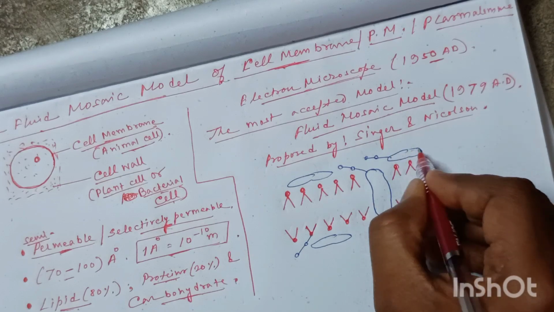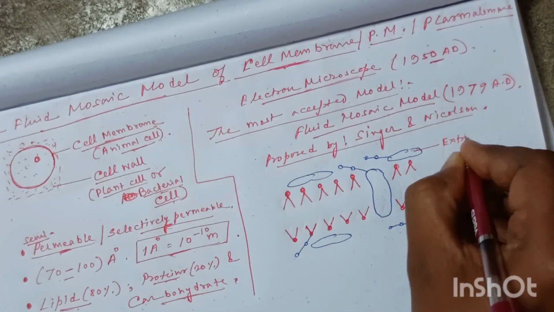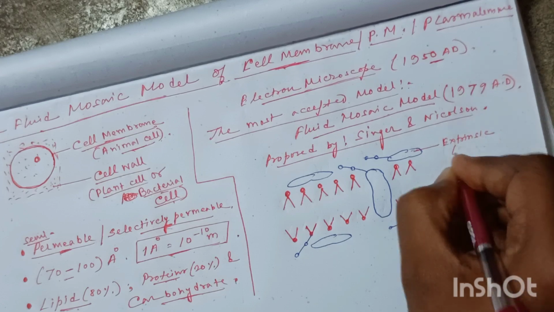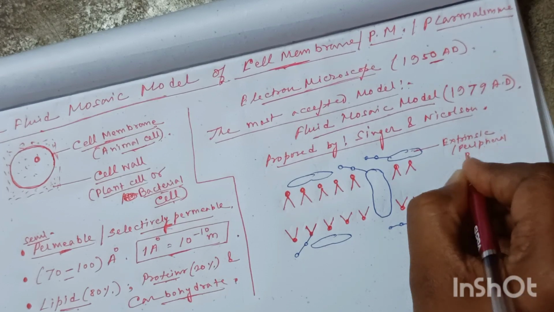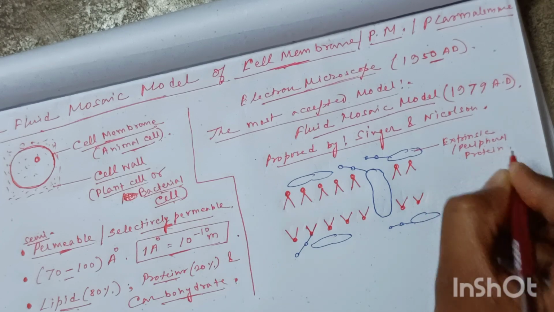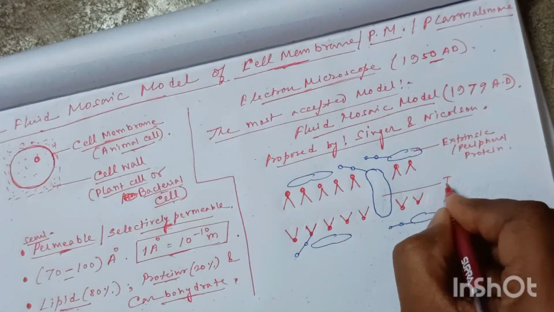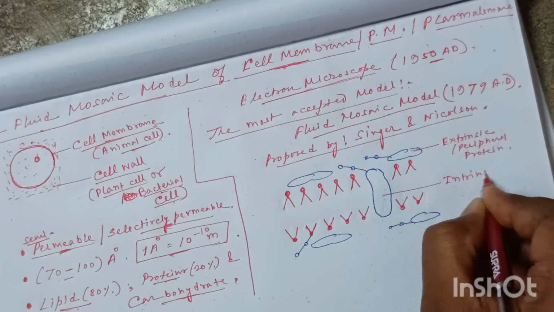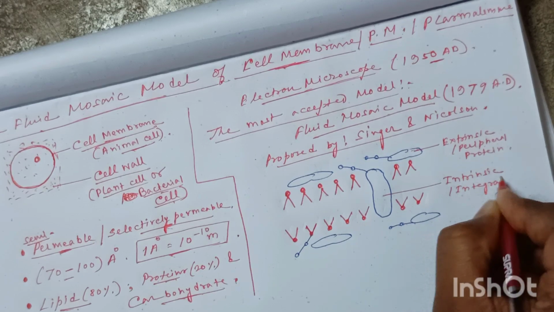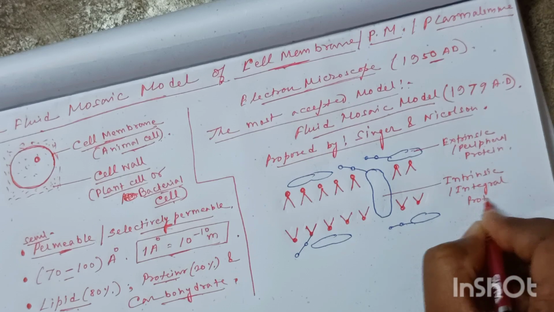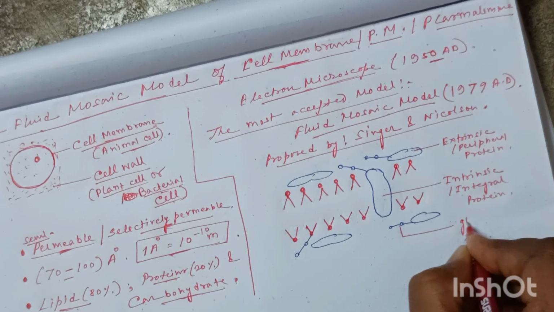So this is the extrinsic or peripheral protein. This is the intrinsic or integral protein molecule. This is carbohydrate or glucose molecule.